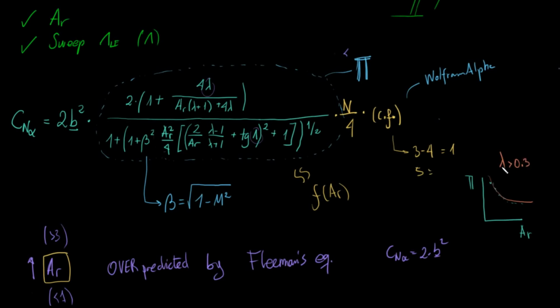Remember, if we have taper ratios above 0.3, it's not going to affect the lift. And then sweep angles between 30 and 45 degrees, more or less, typical sweep angles.